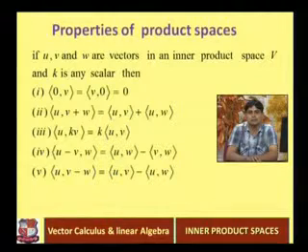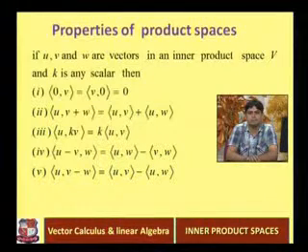We easily verify this by multiplying any vector with the 0 vector. The second property is inner product of U comma V plus W is equal to inner product of U comma V plus inner product of U comma W.